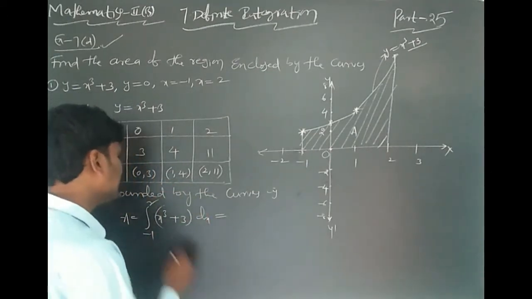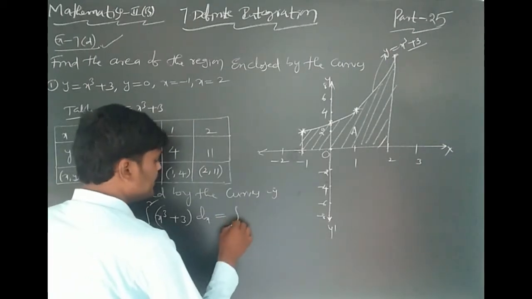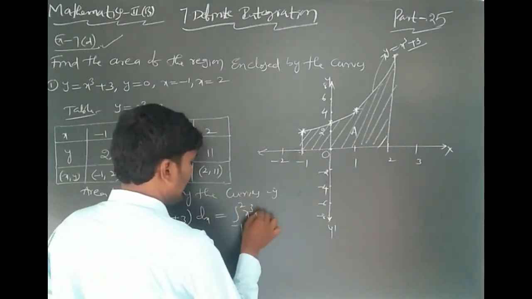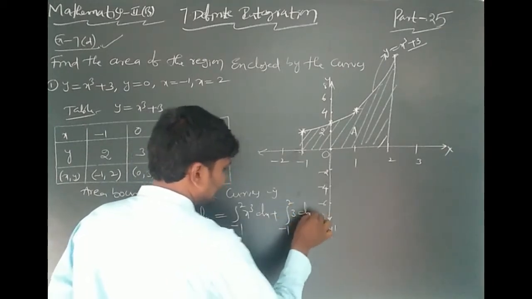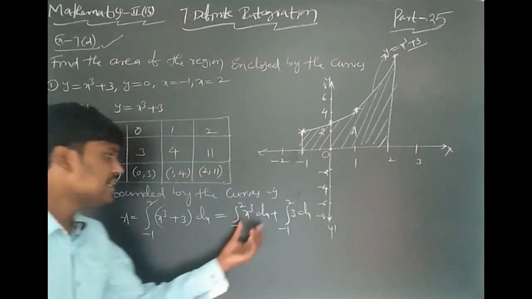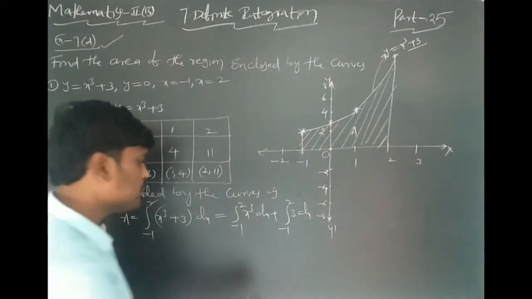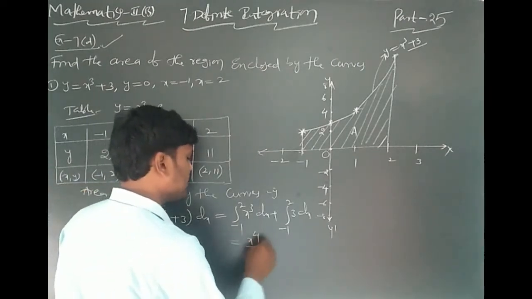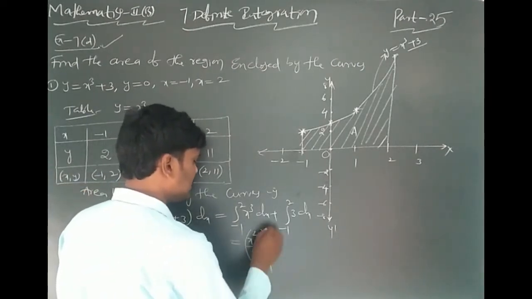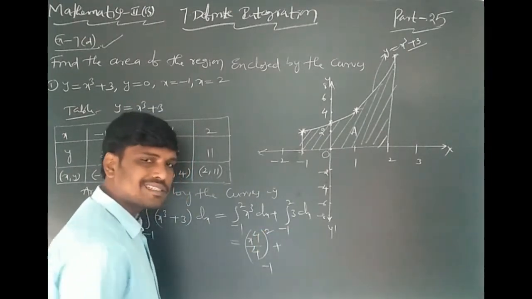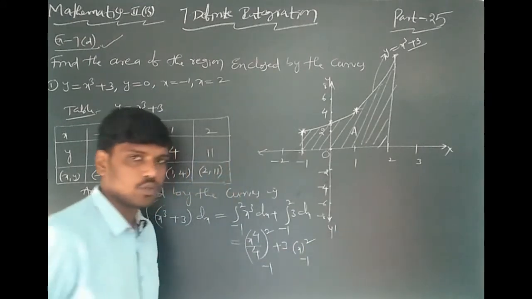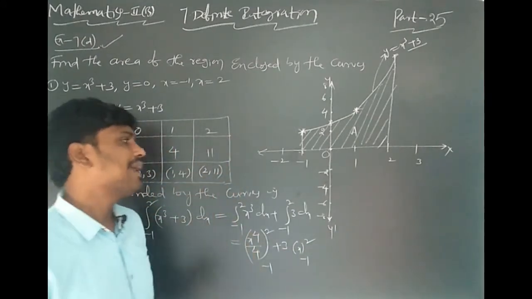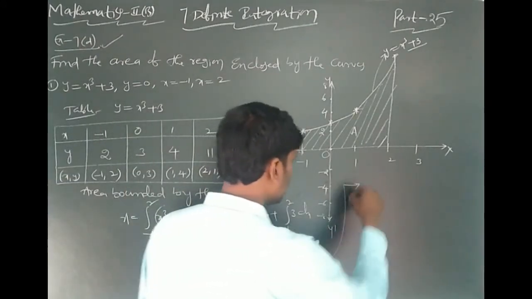First of all, this integration is the integral from minus 1 to 2 of x cube dx plus the integral from minus 1 to 2 of 3 dx. The integration of x cube is x power 4 by 4, with limits minus 1 to 2, plus 3 times x, with limits minus 1 to 2. Now apply the limits.